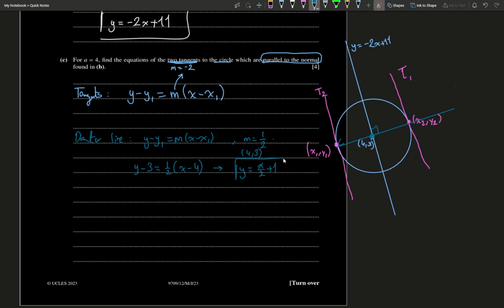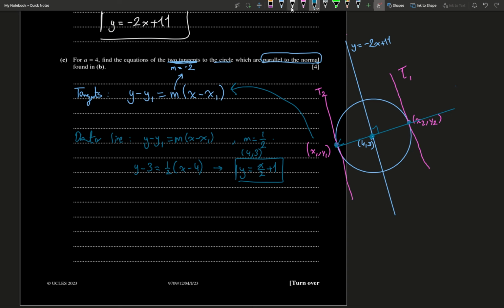ديت الإيكويشن بتاعت الدايمتر. As you can see هنا, the diameter line بتاعنا passes through the circle at these two distinct points. With these 2 points we need them to find the equation of the tangent. If we equate the diameter line to the equation of the circle we can find the values of the x coordinates of these two intersections. حلو.